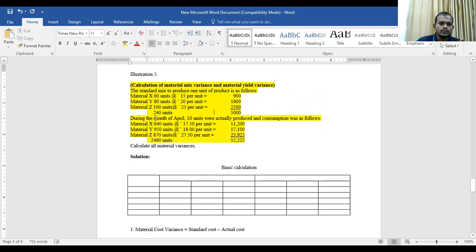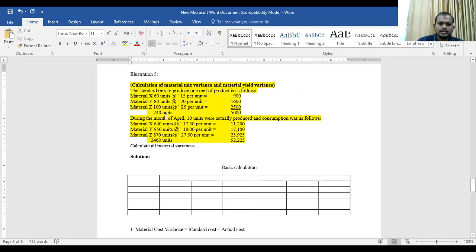During the month of April, 10 units were actually produced and consumption was as follows. Here we have to observe that to produce 1 unit of product, these are the materials specified and this is the estimated price of each material.